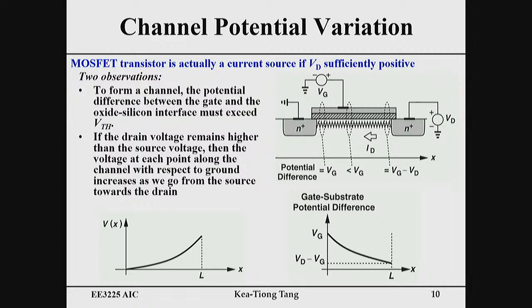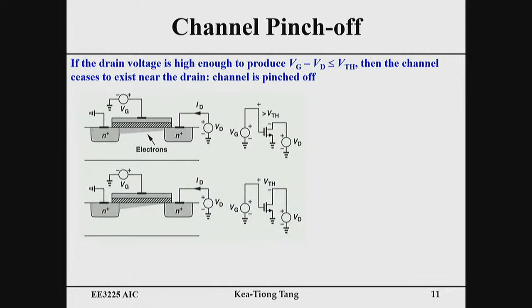So the formation of the channel will not be just a homogeneous channel. Actually, it will have this kind of shape. If Vd is not large enough, Vg minus Vd is still larger than the threshold voltage.